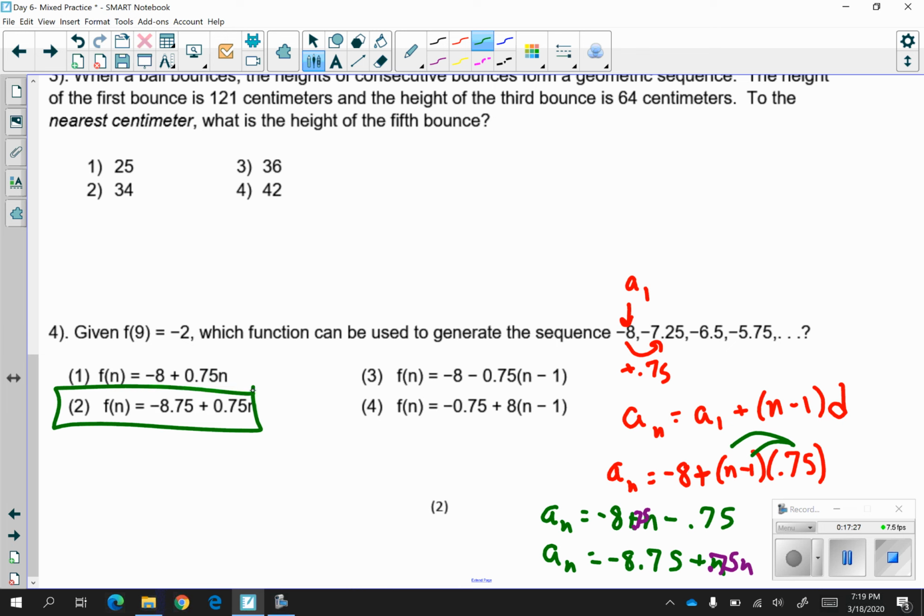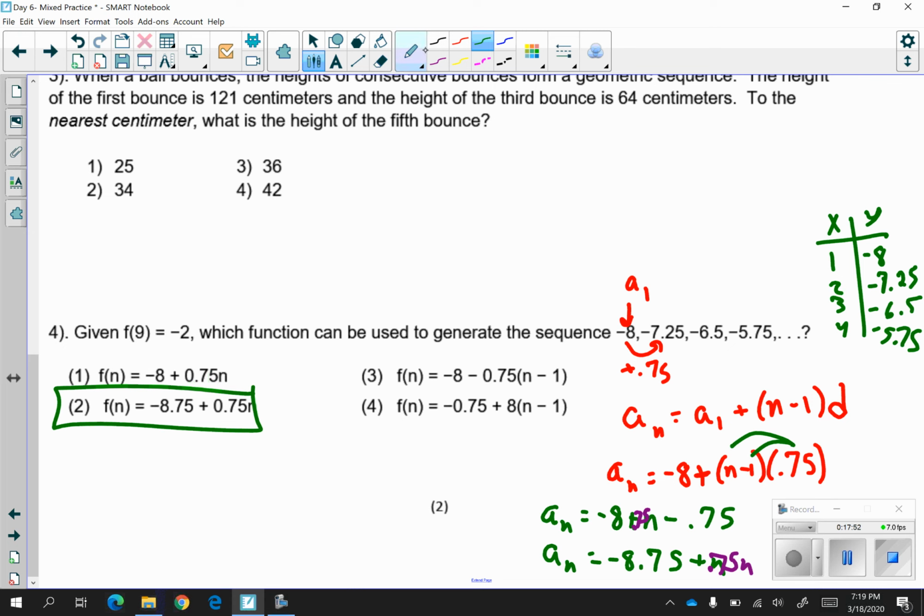Another way of doing this is actually putting all of these in y equals and looking for the correct table. Right? Our first term is -8, second term is -7.25, third is -6.5, fourth is -5.75, so that trick would work as well, only works with explicit, not recursive.